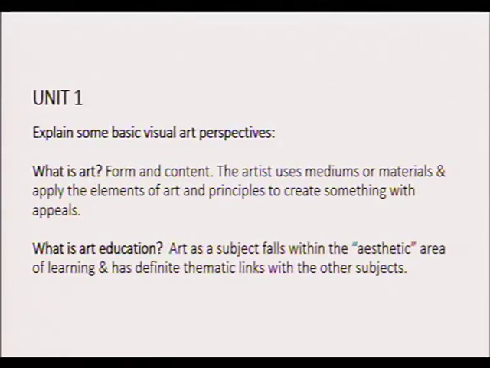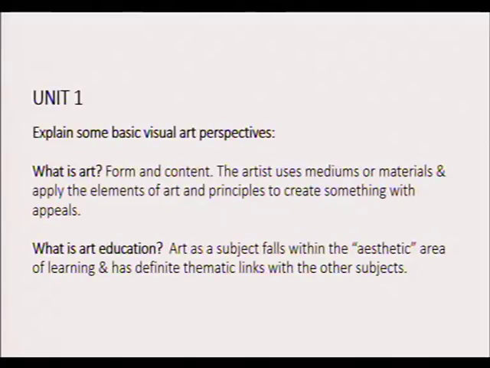Remember, mediums is just another term for materials, the language in the visual arts, and apply the elements of art that we'll look at a little bit later to create something appealing. And that is what it means by art is a form and content: that the artist uses art materials and art elements plus principles to create something appealing, which should also be new as well.